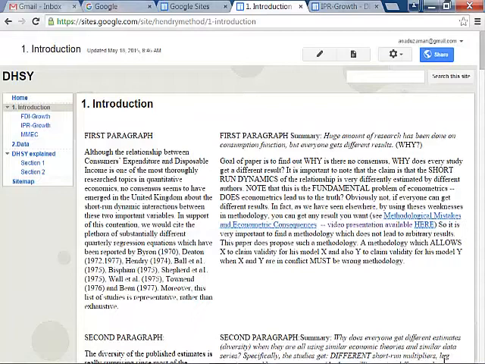Now I am writing a paper on the consumption function, suppose, or on GDP growth, or on any other thing. I have to look at all existing work. In fact, my student Rahman did his study on determinants of inflation. So I said, okay, find all of the papers that have been written on inflation in Pakistan.